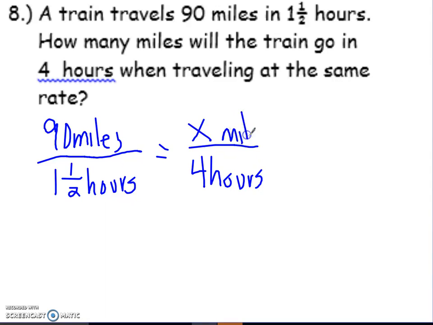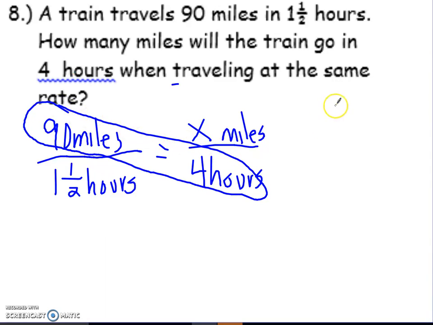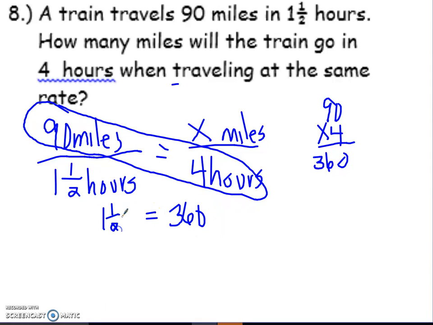So we're going to set up a proportion, miles to hours, miles to hours. We're going to do 90 times 4. 4 times 0 is 0. 4 times 9 is 36. So we're going to do 360 divided by 1.5.